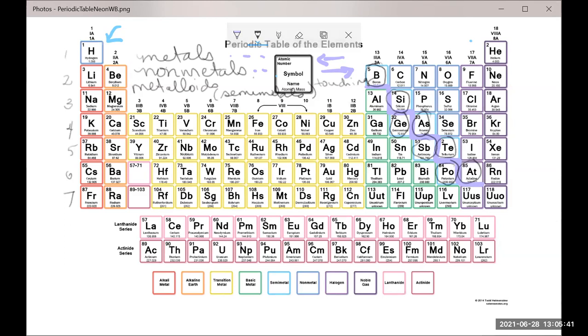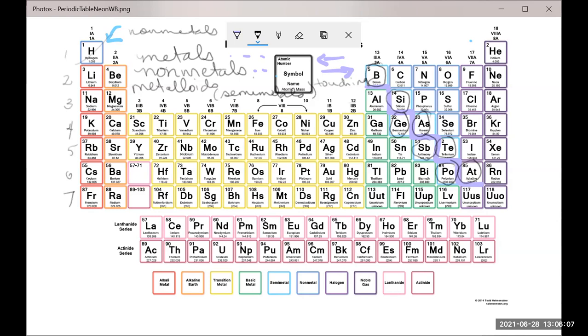So lithium is a metal, magnesium is a metal. Except for hydrogen, which is a non-metal and always shown on the left of that staircase, starting with period 2, everything left of that staircase is going to be metals. Everything to the right, non-metals. And touching, you get your metalloids.